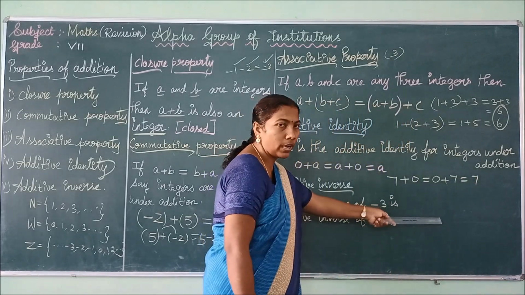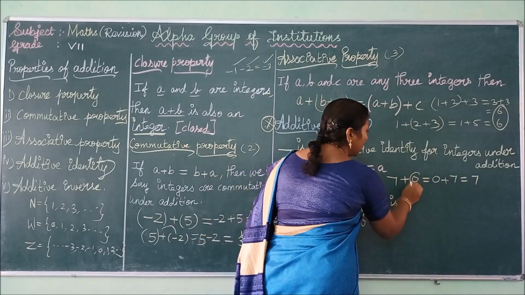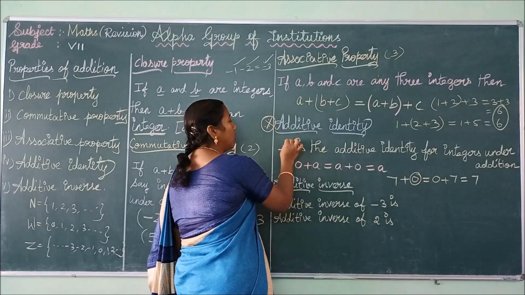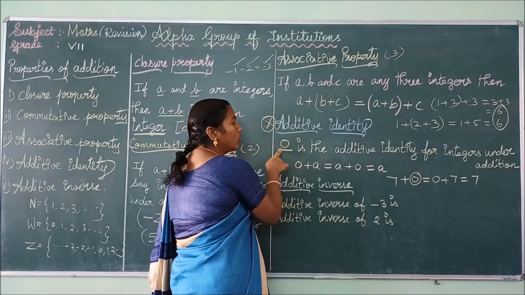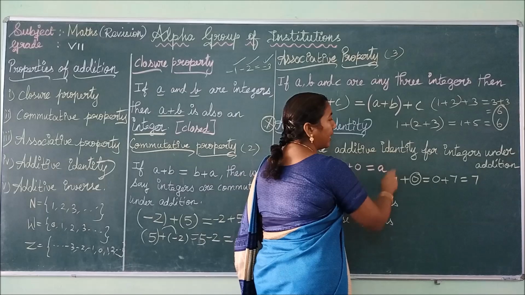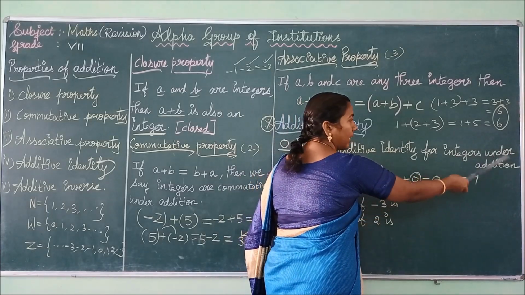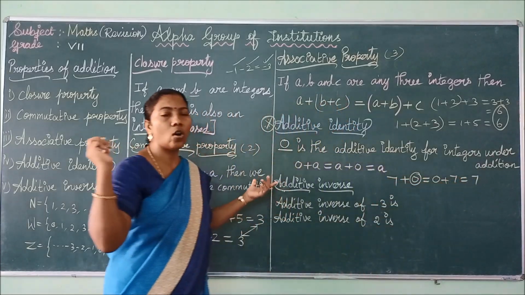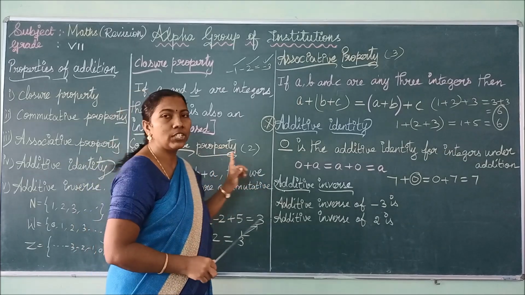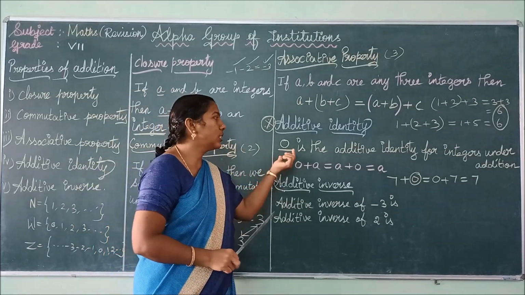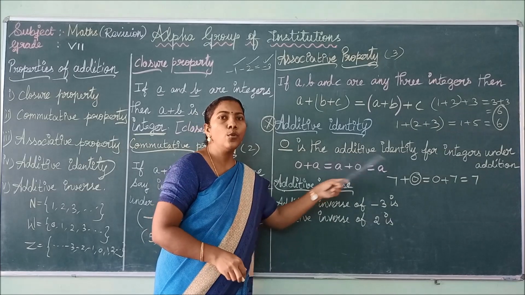That same integer only. In that case, we are calling that 0 an additive identity. So 0 is the additive identity for integers under the operation addition. We are seeing all the properties for the operation addition only.